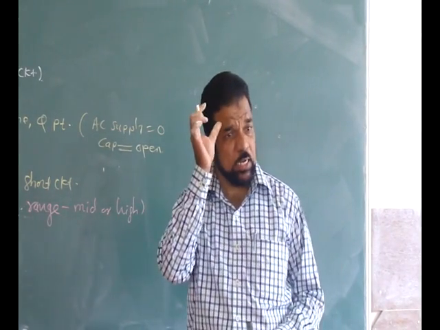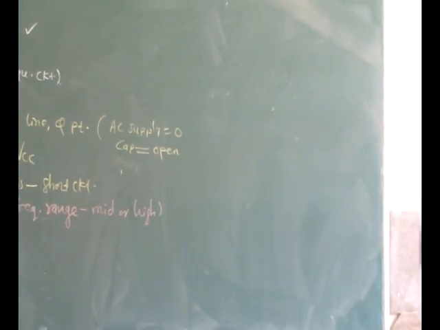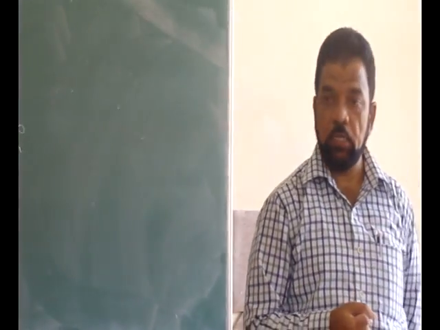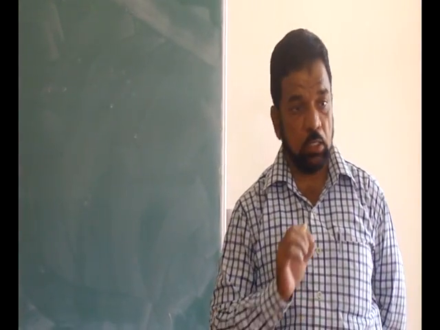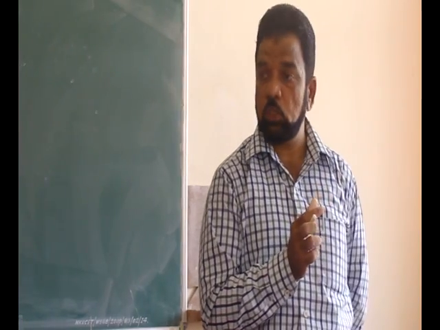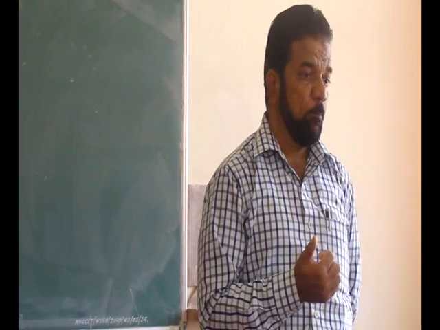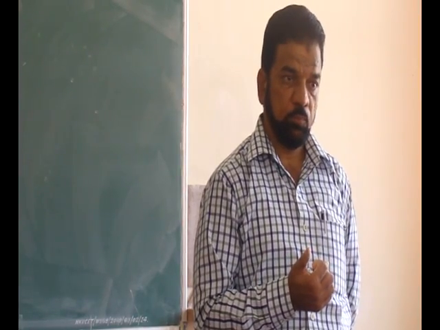Now, I will make some logical statements. What is the slope of the DC load line? Minus 1 by RDC, where RDC is RC plus RE. Equivalent to this, the logical statement is that the slope of the AC load line should be minus 1 by RAC.